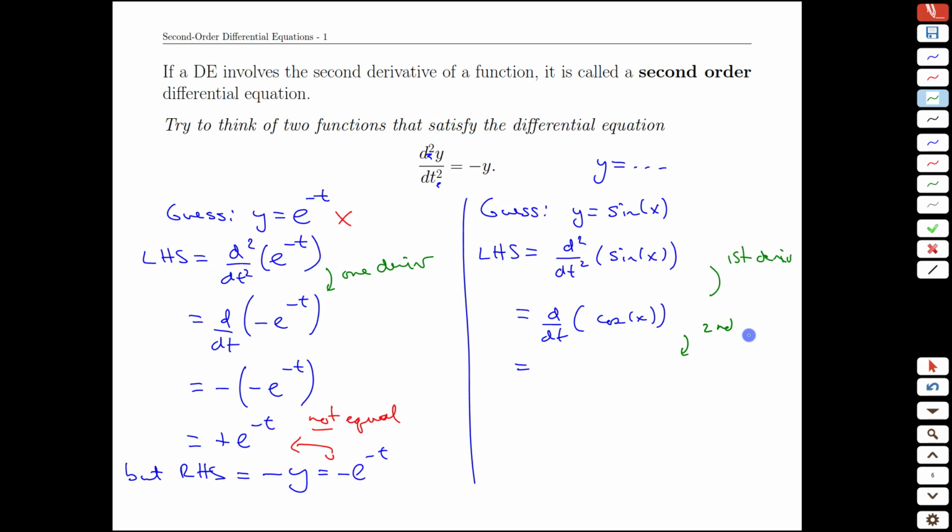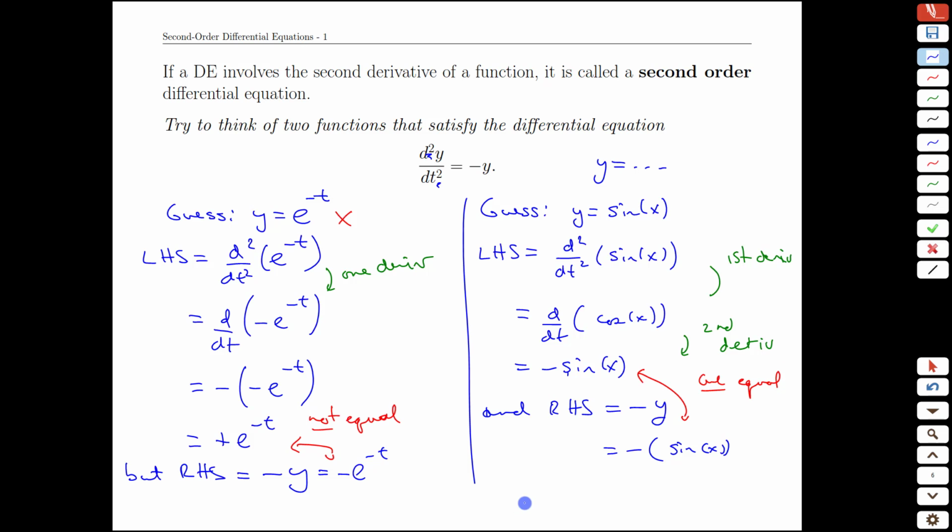Take the second derivative, and we get the derivative of cos is minus sine of x. Ah, hello, negative popped out. Meanwhile, the right-hand side is just negative y, but going back to the very top, that's what we defined as y, negative sine of x is what we end up in the entirety. These are equal.